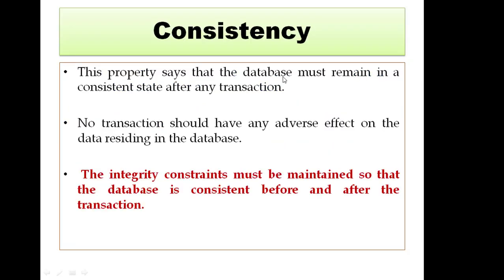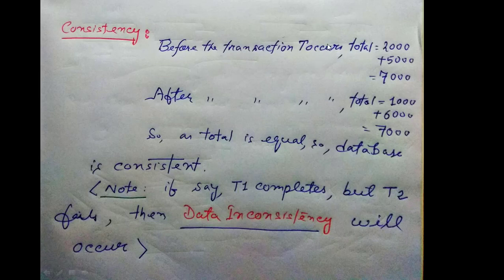Now, before the transaction T occurs, we have 2,000 of A1 plus 5,000 of A2, an overall total of 7,000. After the transaction T occurs, the total is 1,000 of A1 plus 6,000 of A2, so overall 7,000.